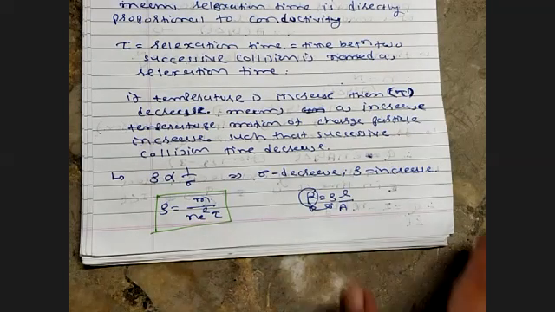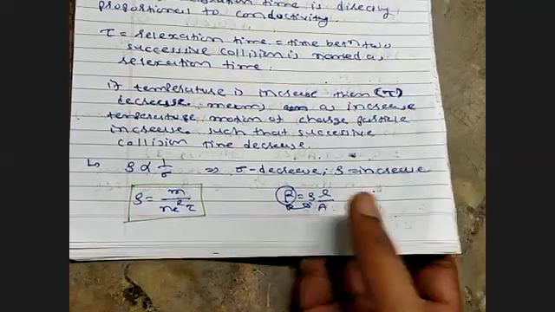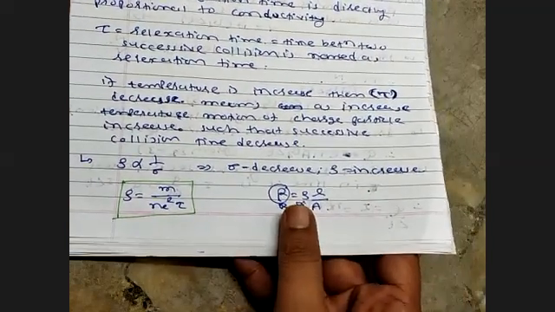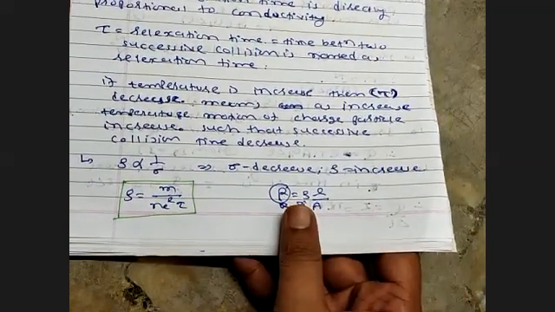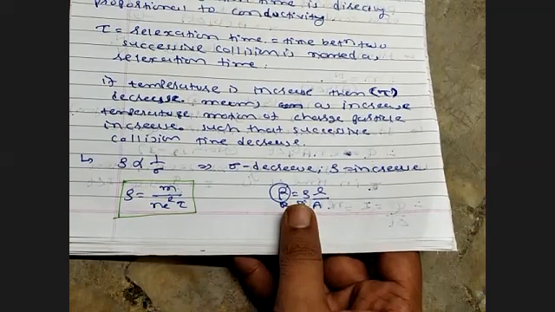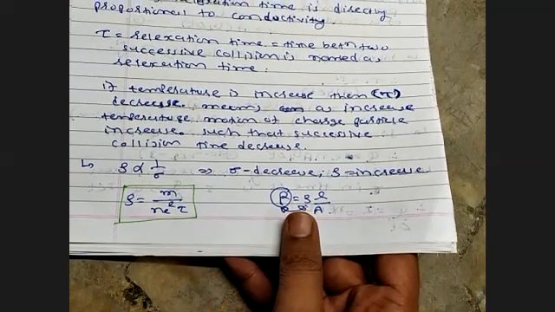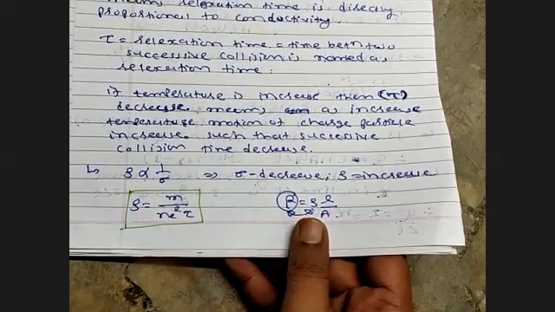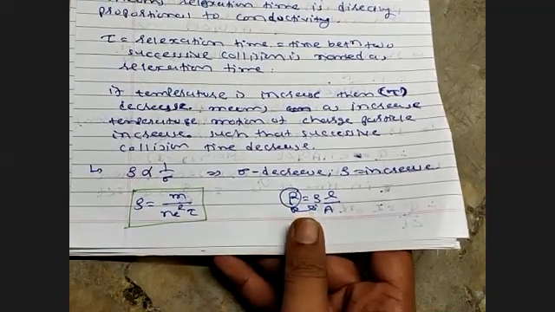The new word, mobility. What should we understand? Mobility is how fast or slowly the charged particle moves under the external electric field, colliding with other particles. That is given by the mobility. So the new topic is mobility.